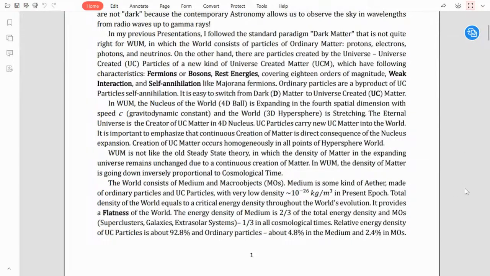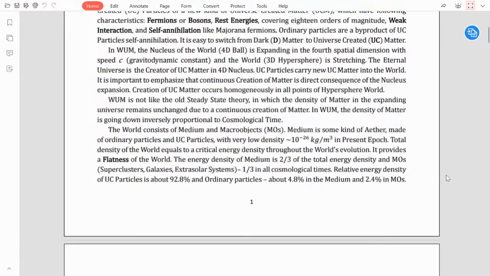The energy density of the medium is 2/3 of the total energy density, and macro objects (superclusters, galaxies, extrasolar systems) 1/3, in all cosmological times. The relative energy density of UC particles is about 92.8%, and ordinary particles about 4.8% in the medium and 2.4% in macro objects.